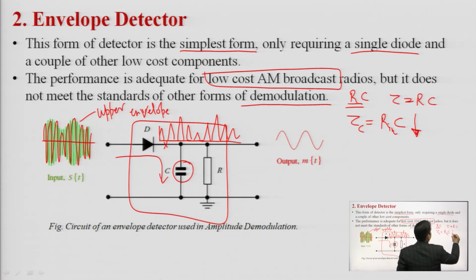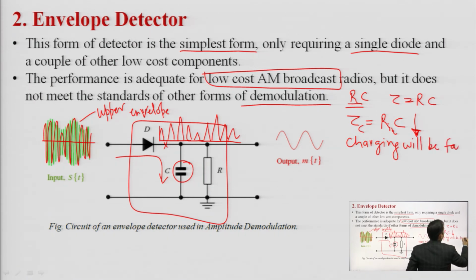What is the advantage of a low time constant? Charging will be fast. After that we have the discharging circuit, where tau D equals RC.